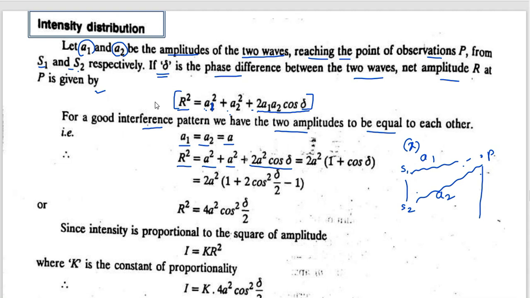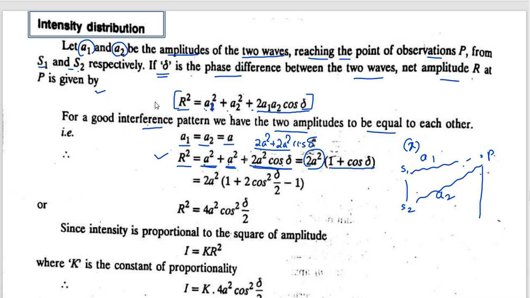Okay, so look here, R square equal to A square plus A square plus 2A square cos delta. So this will be 2A square plus 2A square cos delta. Take 2A square common, so the remaining part is 1 plus cos delta.